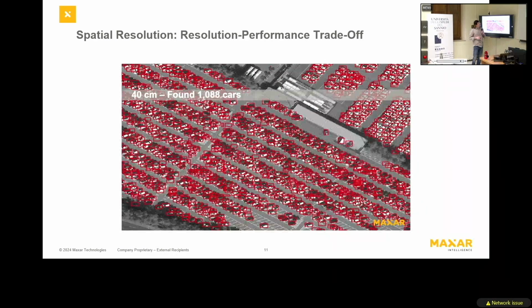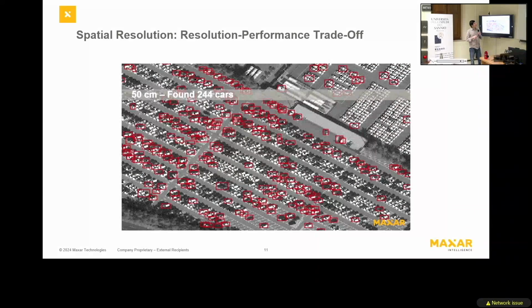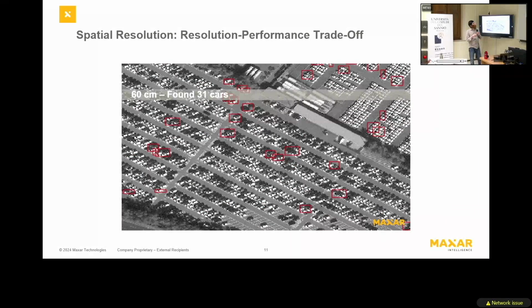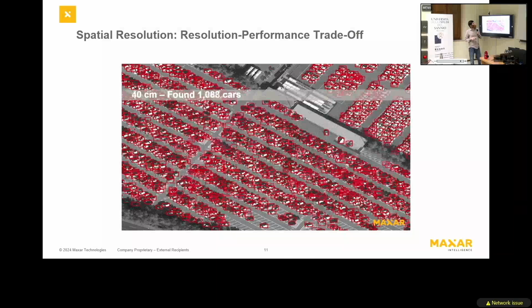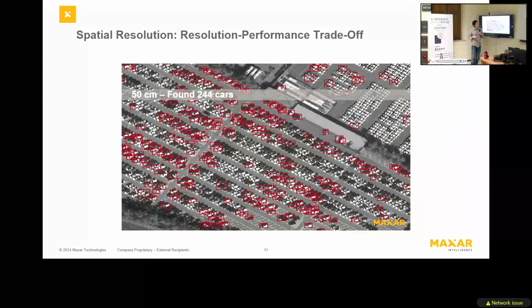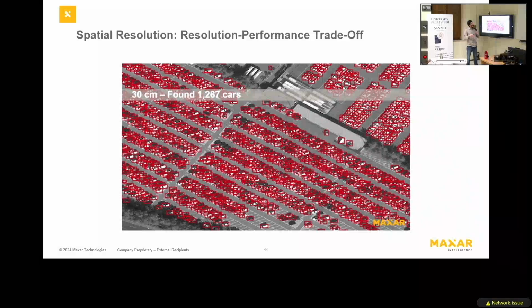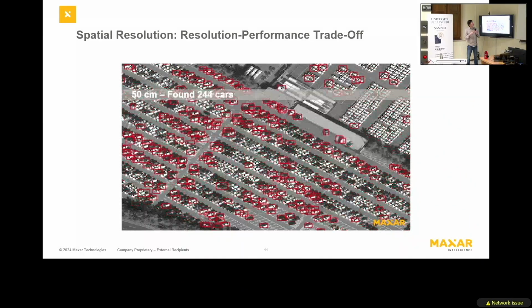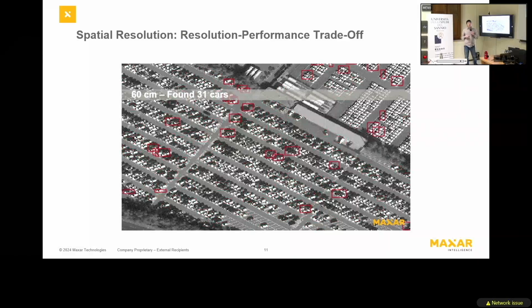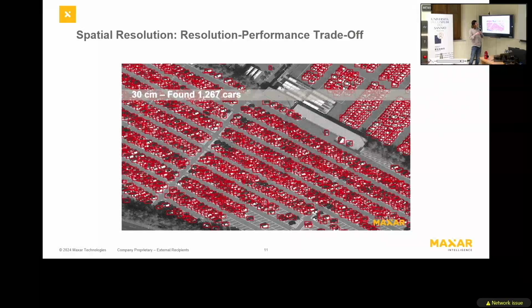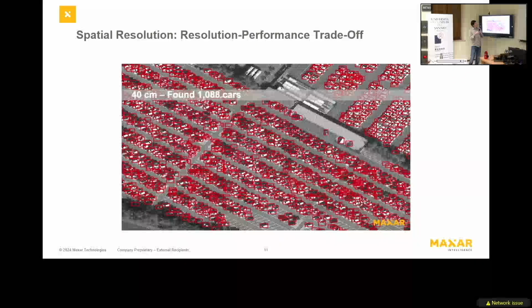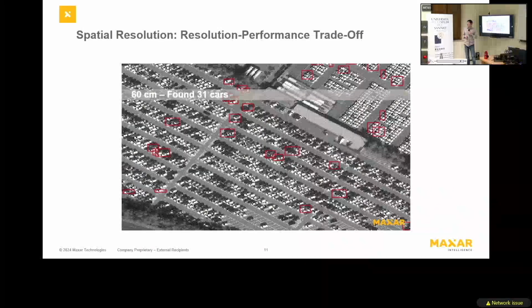And this is an example of car detection. I don't remember where this image was collected, but it was a big parking lot, probably a car factory or something like that. What we did was reduce the resolution from 30 centimeters to 50, actually 60. You can see that at 30 centimeters, we can detect most of the cars with high accuracy.